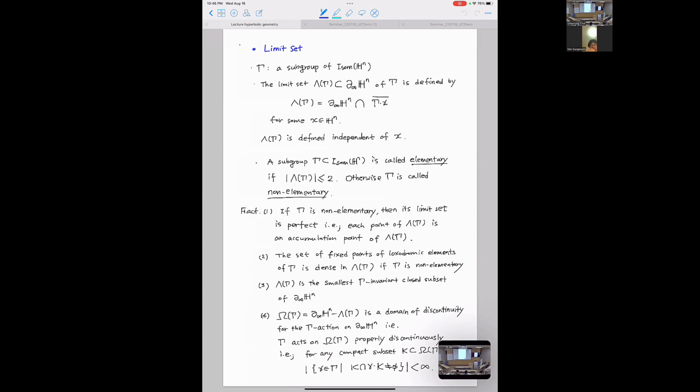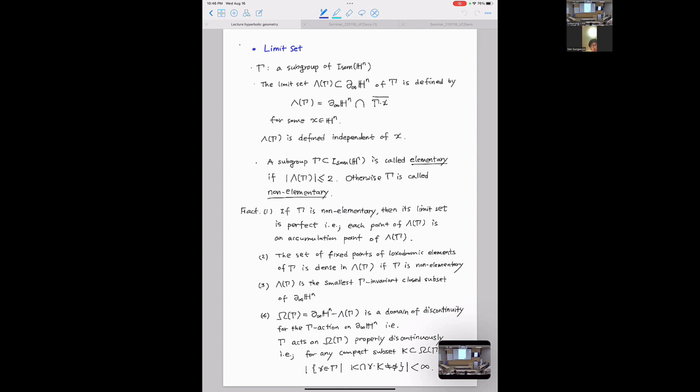So it turns out that most of the information on the gamma action inside the hyperbolic space is encoded in the boundary action.